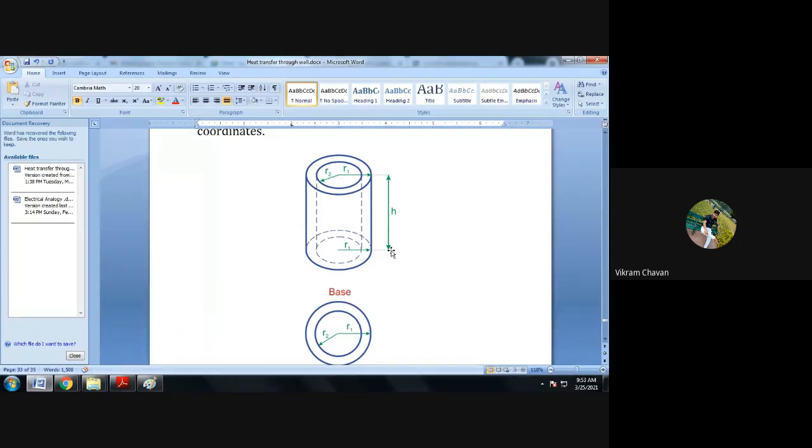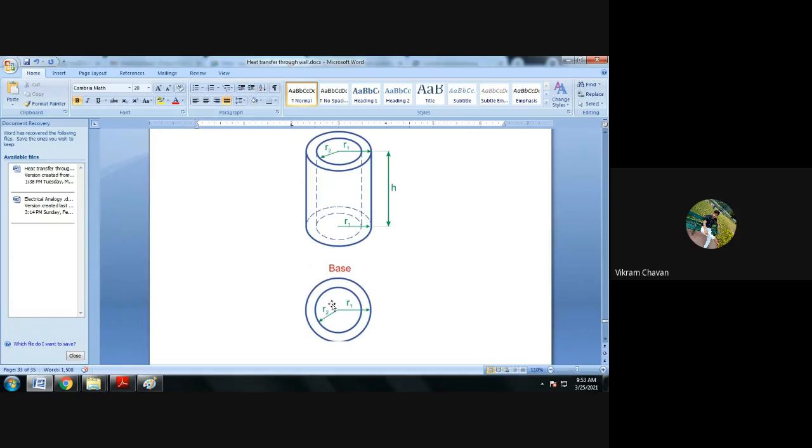In the front view, we can see the height of that particular cylinder, and in the top view we will see the circular cross section of the cylinder, and we get the radius from the top view. Hollow cylinder means, consider one pipe. A pipe is a hollow cylinder, so it will have some thickness, and it will have an internal radius and an external radius.